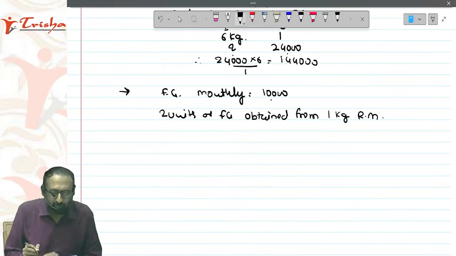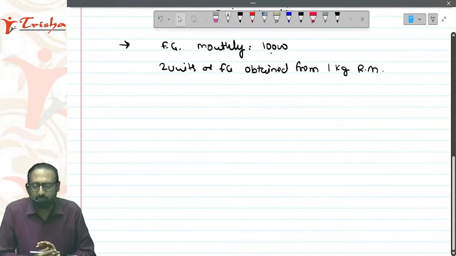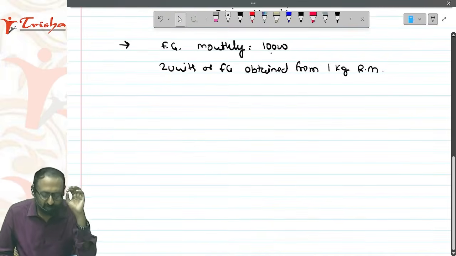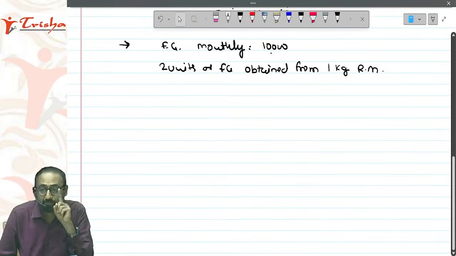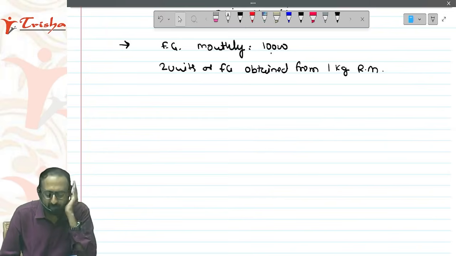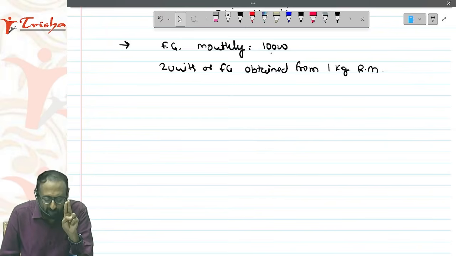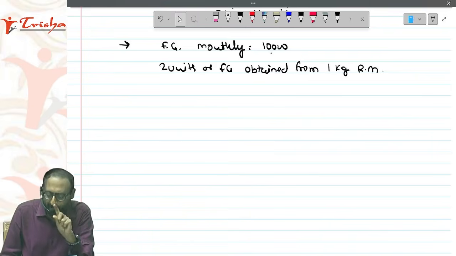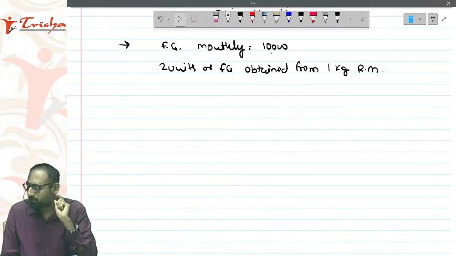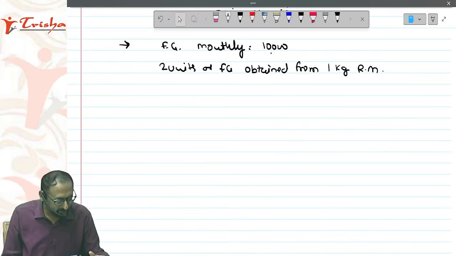Find the annual requirement. Everyone try. Monthly demand of the final product is 10,000. 2 units of final product are obtained from 1 kg of raw material. Fast answer, quickly answer, guys.